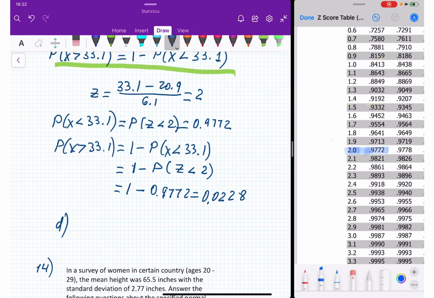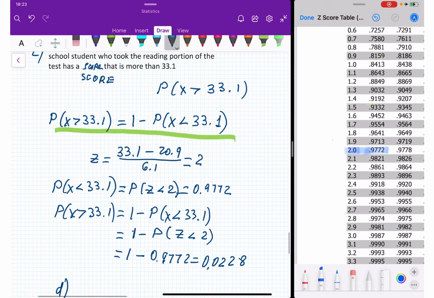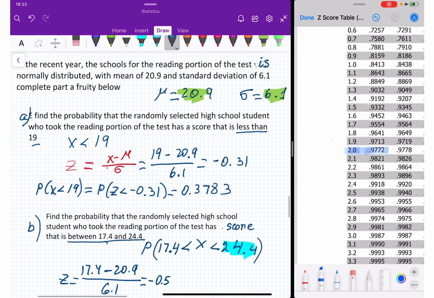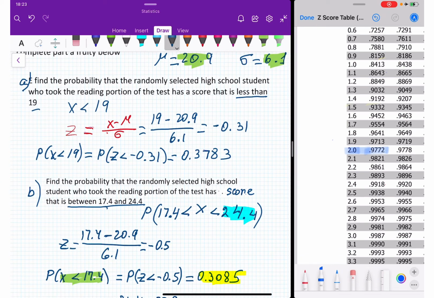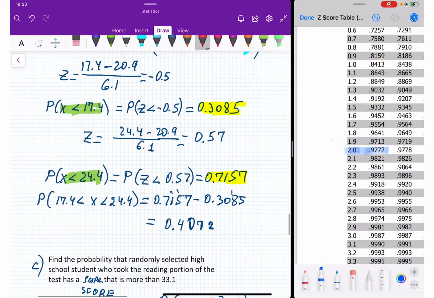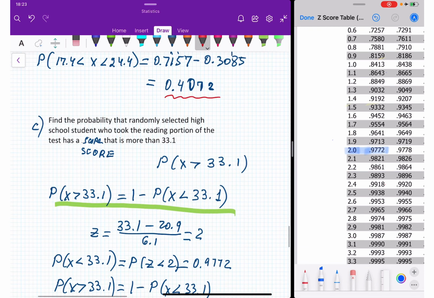The question is, we need to identify unusual events. What is unusual here? Everything that is less than 5% is considered unusual. In the case of A, we got 37.83%. In B, we got 0.4072, that is 40.72%.